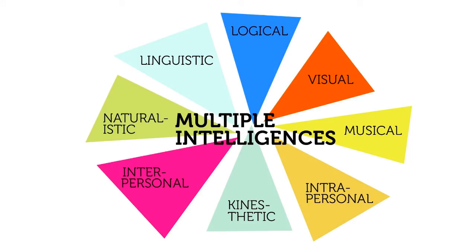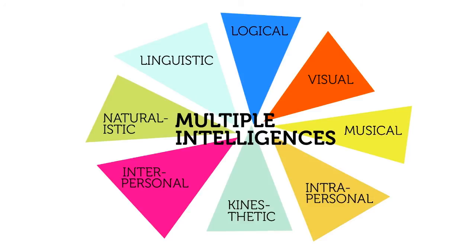In this unit, I make sure that I use a lot of techniques and strategies and create lessons that will appeal to all of the multiple intelligences. The eight intelligences are linguistic, logical, visual, musical, intrapersonal, kinesthetic, interpersonal, and naturalistic.